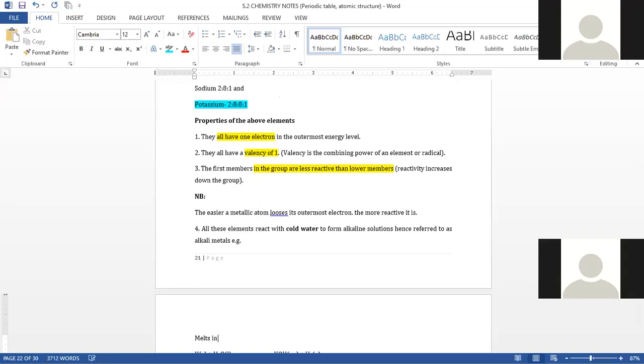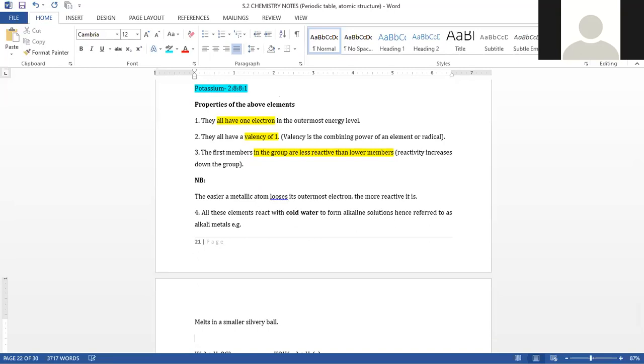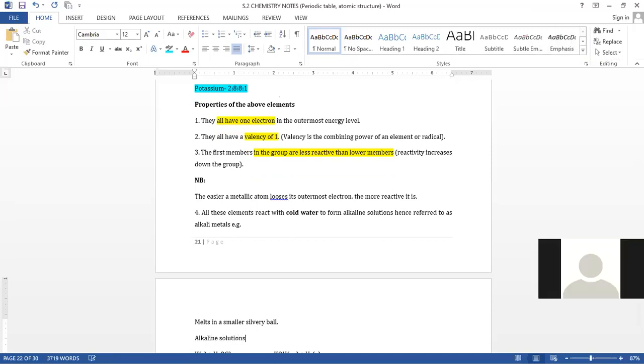Then when it is getting finished, it explodes. Then the residual solution left feels soapy and slippery, and it's alkaline. The solution produced is alkaline. Okay, thank you very much.